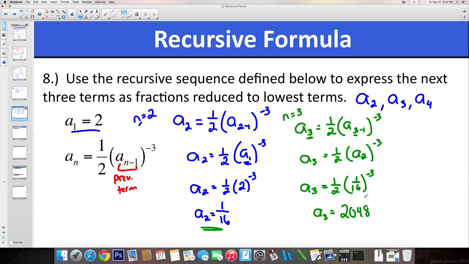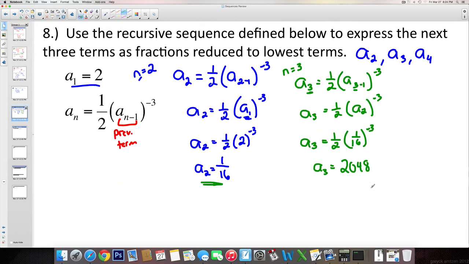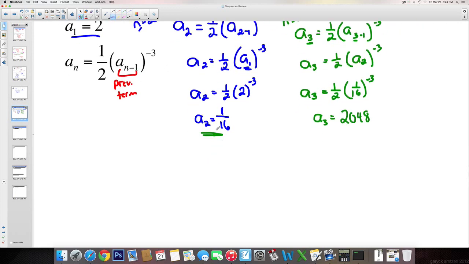Okay, so we have the second term, we have the third term. Now it's time to find the fourth term. I'm running out of room here. So we'll make n 4 this time. So a sub 4 equals 1/2 times a sub 4 minus 1 raised to the negative third.